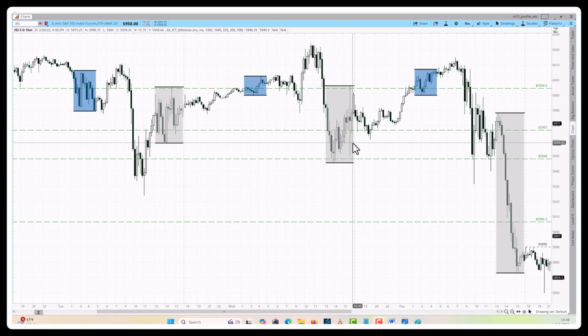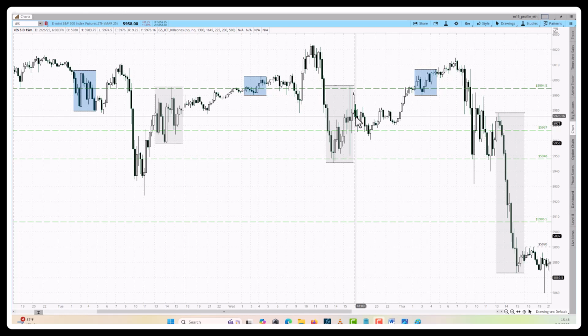So on Wednesday, here's the PM, and then go to London. So right here, the open at 8:15. You see that? The 8:15 open right here, the low right there. And go to the 9:30. Yeah, 9:30 right here.